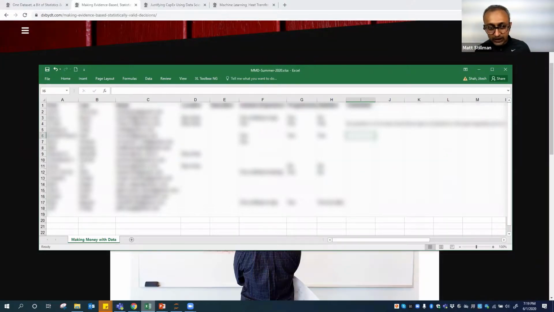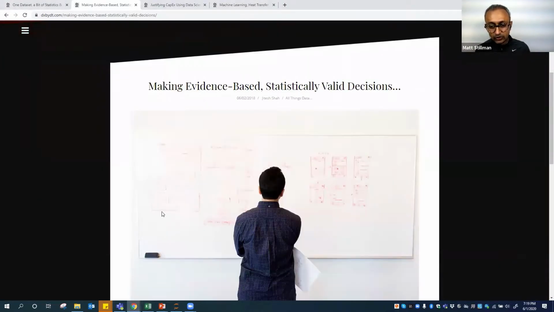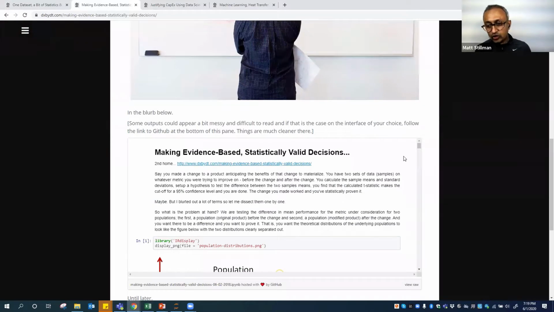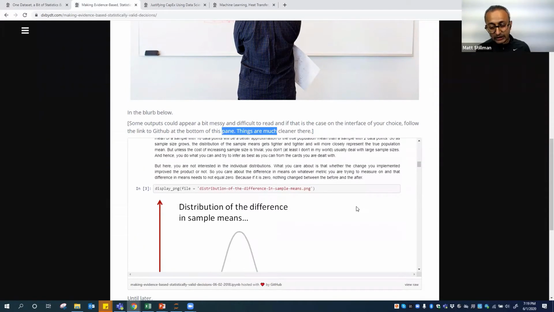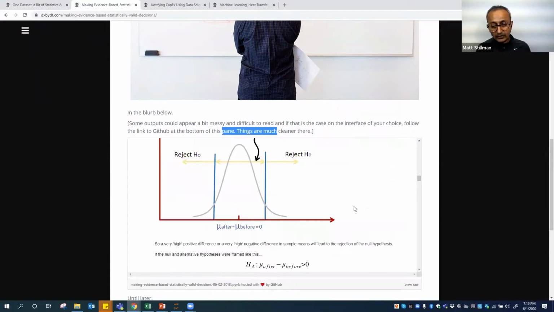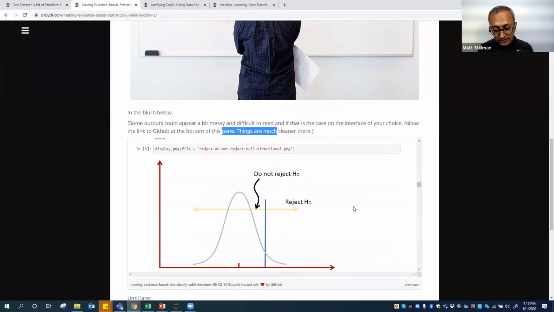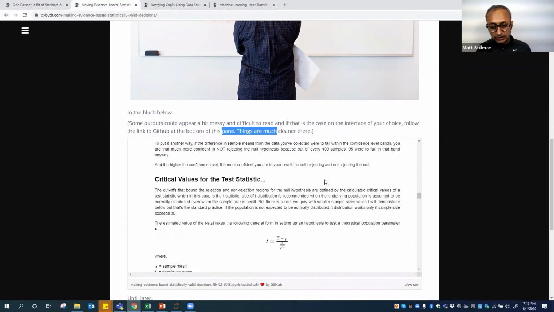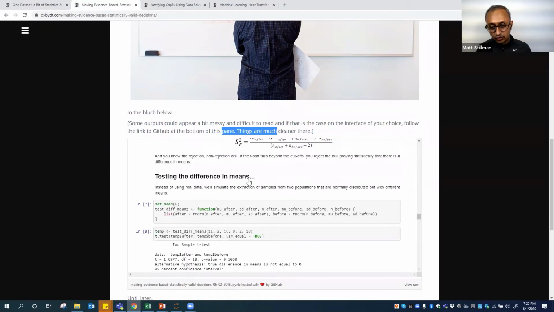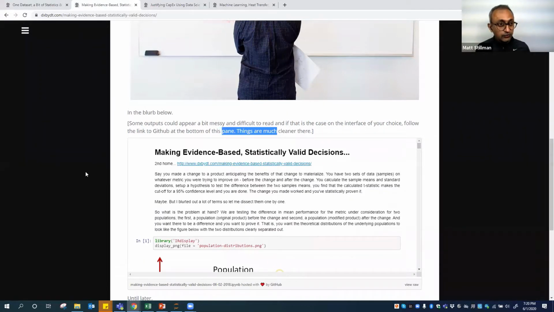We're going to cover how you design an experiment, and how you statistically prove that you have evidence that whatever you have implemented actually works. Some of these concepts are discussed here. Don't worry about the statistics part yet. We're going to cover a lot of these things as we go along.